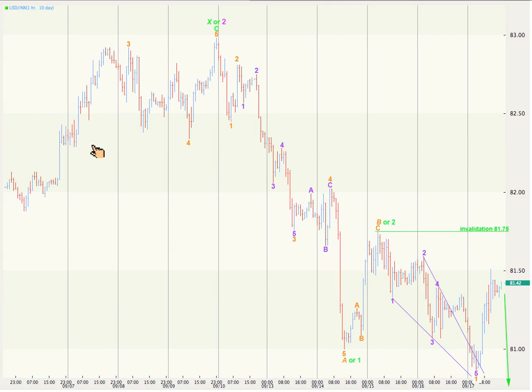For the main, we've had our joining zigzag X, and we're working on an A, B, and C could have finished here, or it could be finishing downwards a little bit further. For our alternate wave count, we've had 2, and we're working on 3 to the downside. Ratios within this 5 wave structure to the downside are pretty good.